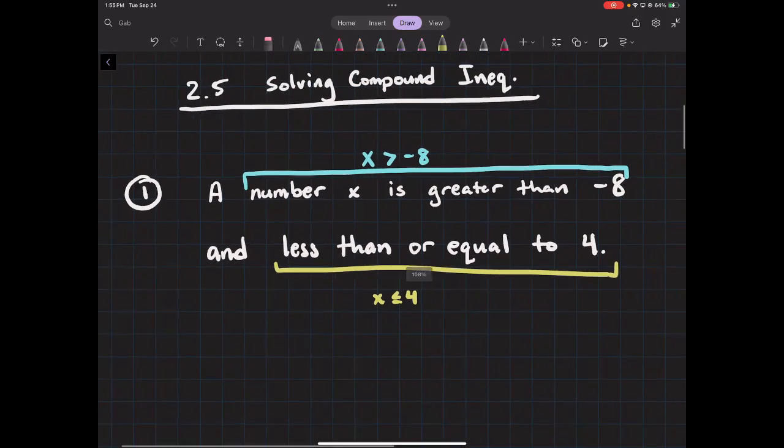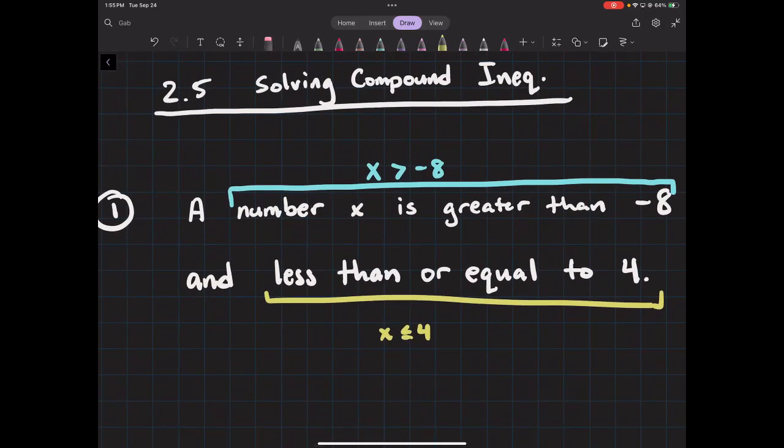Okay, so as my title says, you're now doing compound inequalities, right? Compound, just like in English. The word that glues everything together here is what? And.